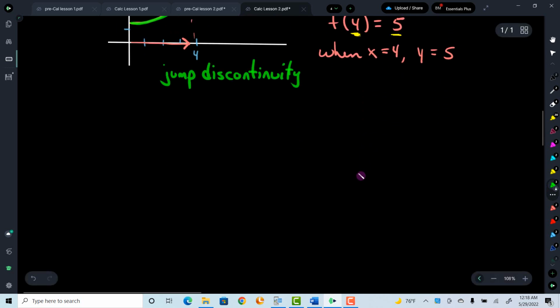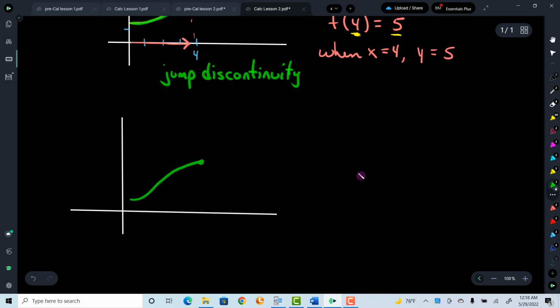Here's another example. Okay. So let's look at this one. 1, 2, 3, 4. And we'll go 1, 2, 3, 4.